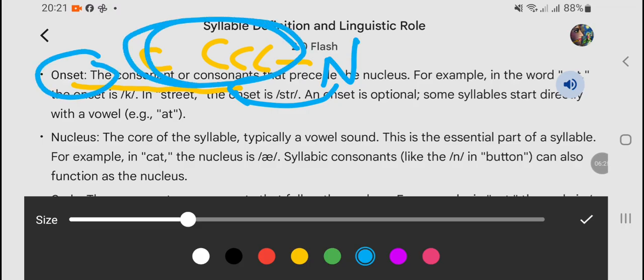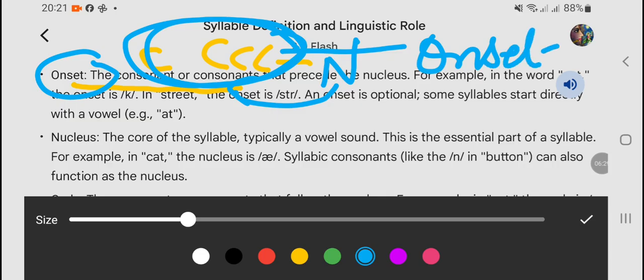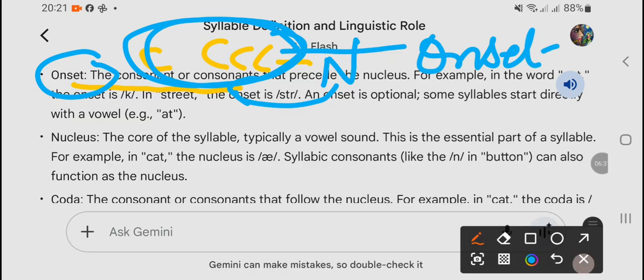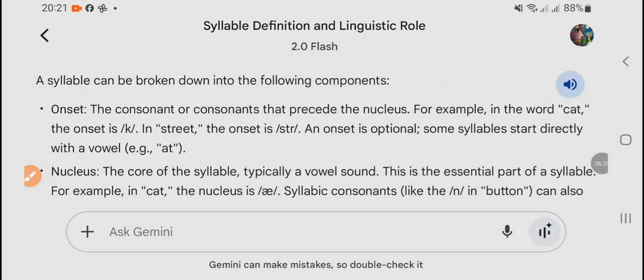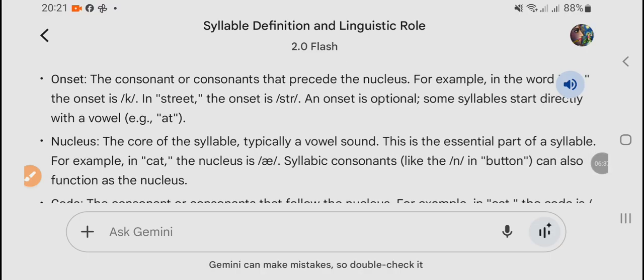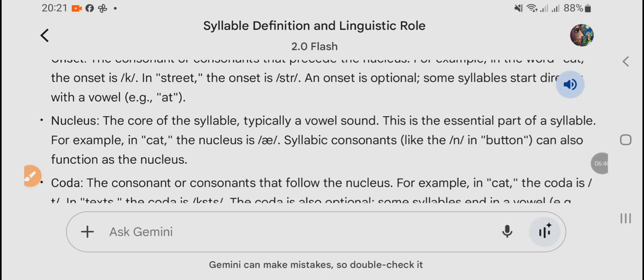All these consonants are called onset. Okay. Now for example, in the word cat, the onset is K. Why K? I am telling you. In the word street, the onset is str.